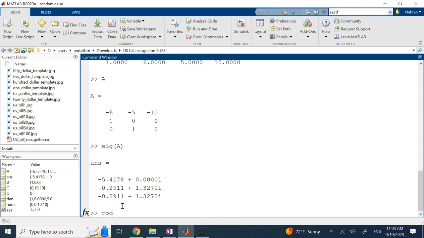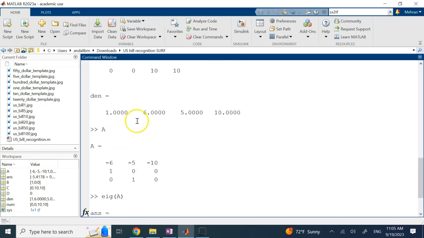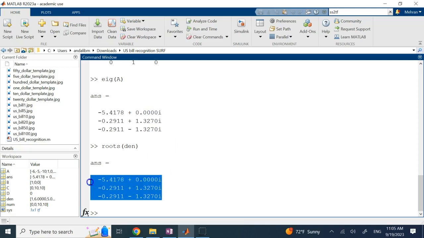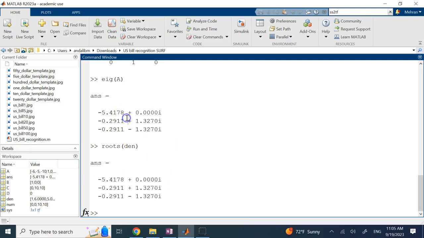Now, if you remember, the denominator was 1, 6, 5, and 10. So I can pass that denominator to the command roots. And do you see here? These are the roots of the denominator, which are the poles of the system, or the roots of the characteristic equation.